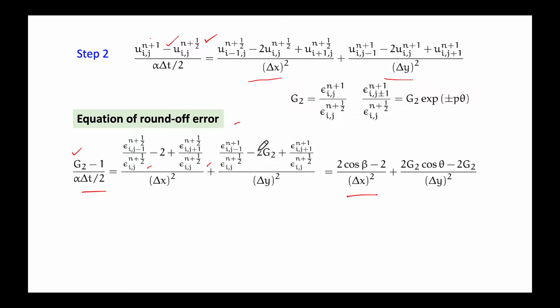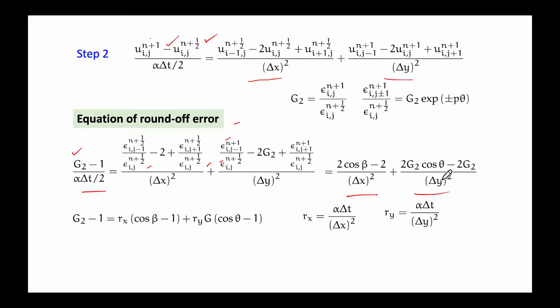But then the second term del 2 u del y2, here g appears because I have epsilon n plus 1 divided by epsilon n plus half in both the terms. So I have twice cos beta minus 2 by delta x squared, twice g2 cos theta minus twice g2 by delta y square.